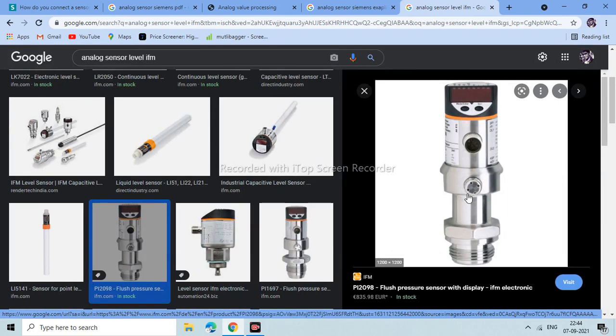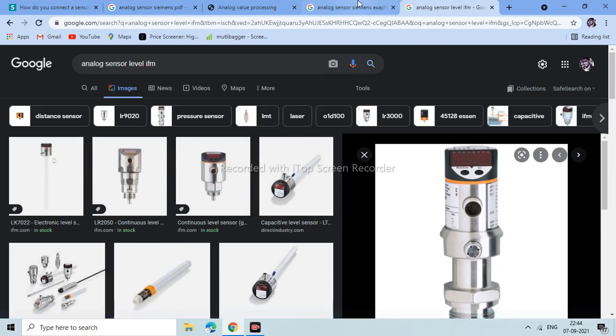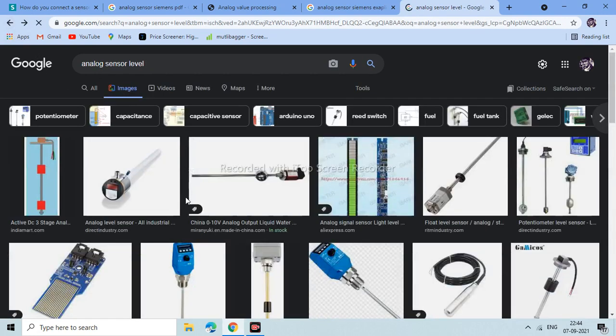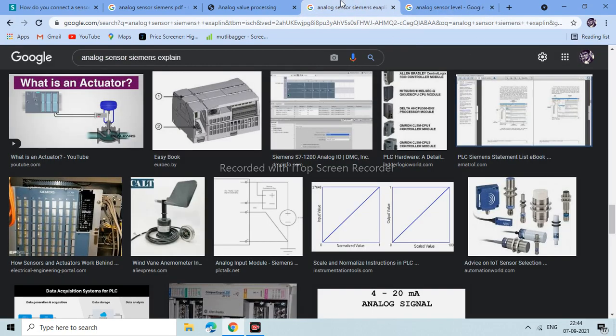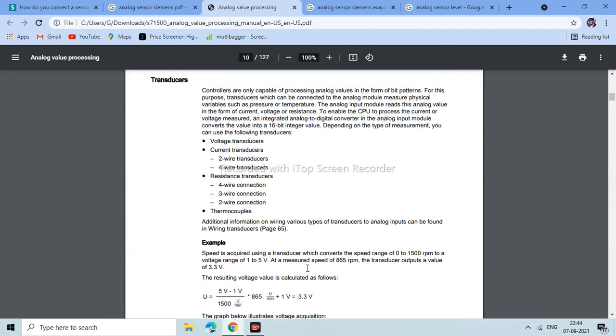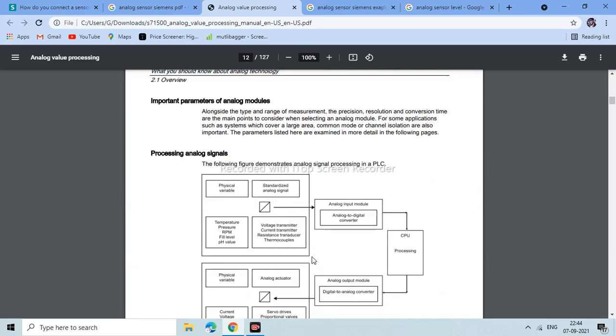And the previous one which we saw here provides 0 to 10. So you have to go through the data sheet to know that. Up to now we have learned what analog sensors are and which types, meaning wire types. So let's dive in.